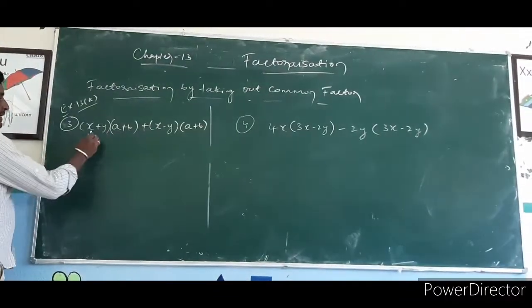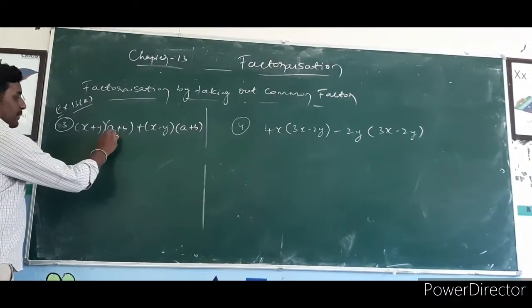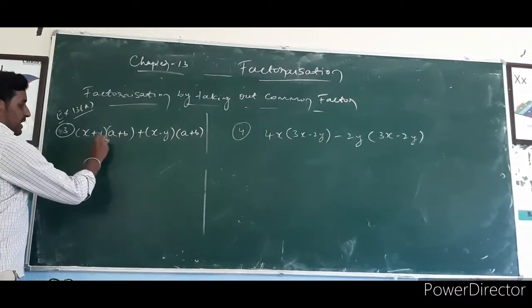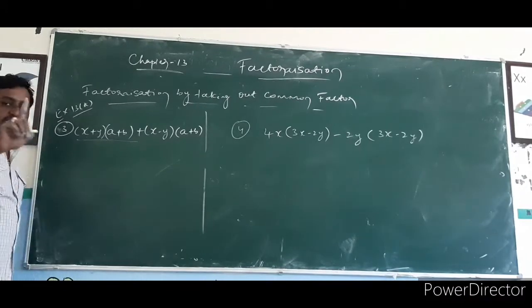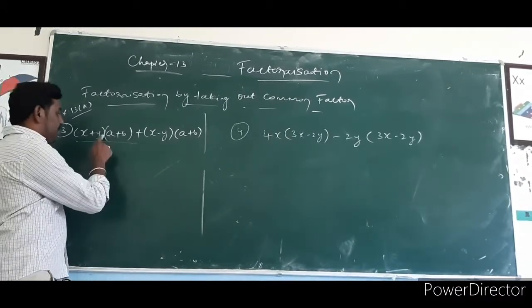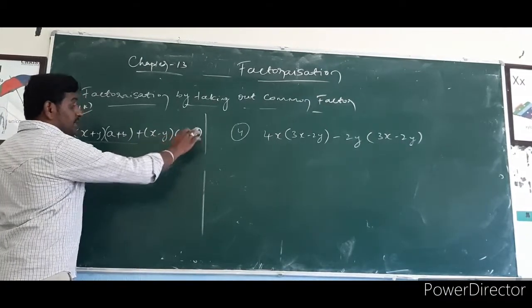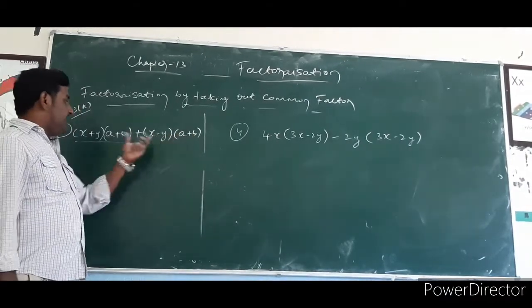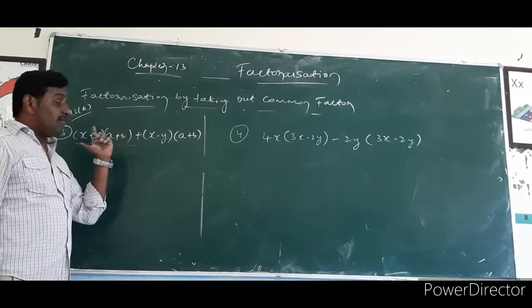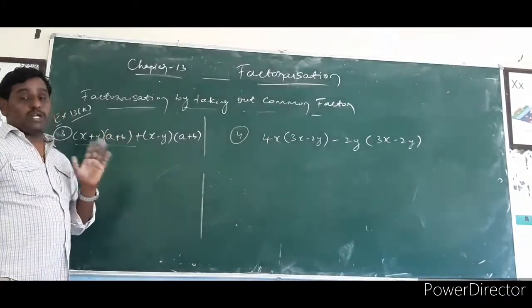Next problem: (x plus y) into (a plus b) plus (x minus y) into (a plus b). Here into is there, so this full term is equal to one term. And plus (x minus y) into (a plus b) is the second term. Look at the common factor in these two terms.